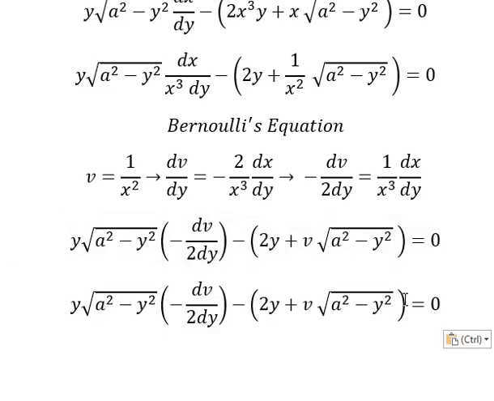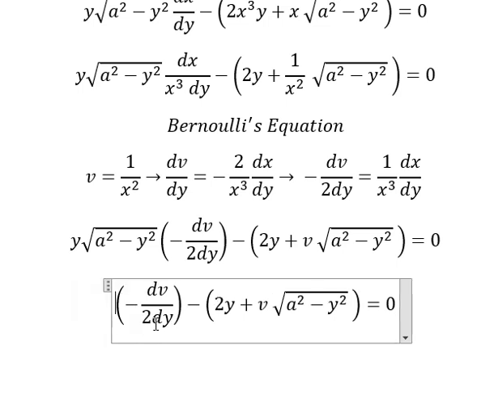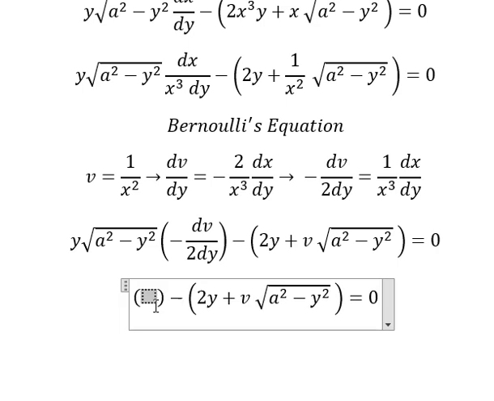Next, we divide both sides by y with the square root of a squared minus y squared over negative number 2. And we have like this.